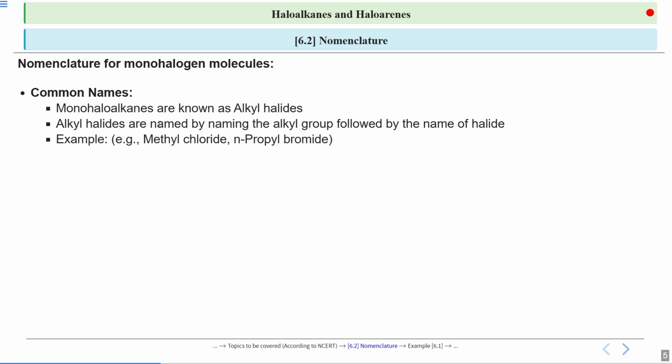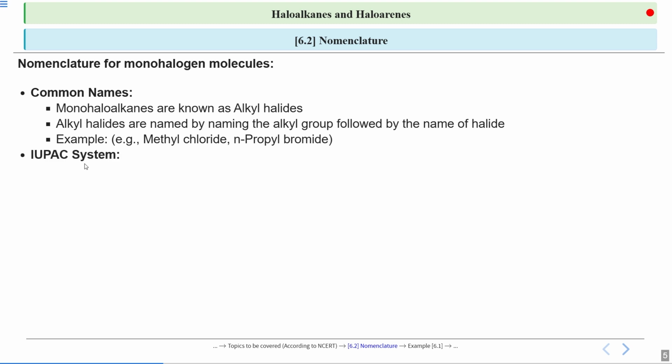First we write the name of the alkyl group, methyl, followed by the name of the halide, that is chloride. So, methyl chloride. Similarly, n-propyl bromide. What does n represent? n represents a straight chain propyl alkyl group having single bonds between each carbon, followed by the name of the halide, here bromine. So the name will be n-propyl bromide.